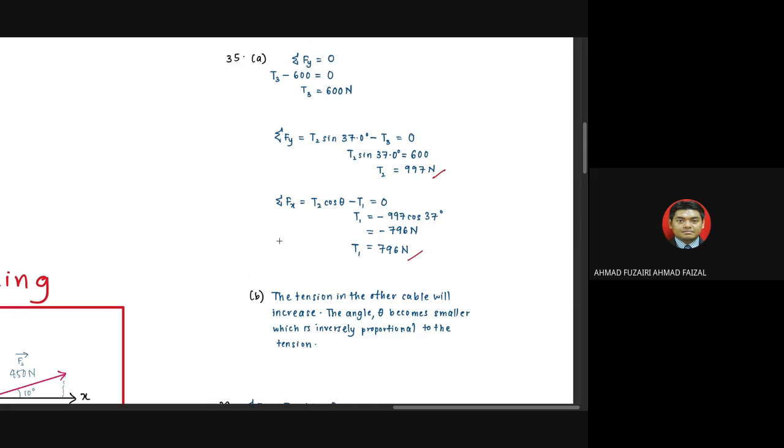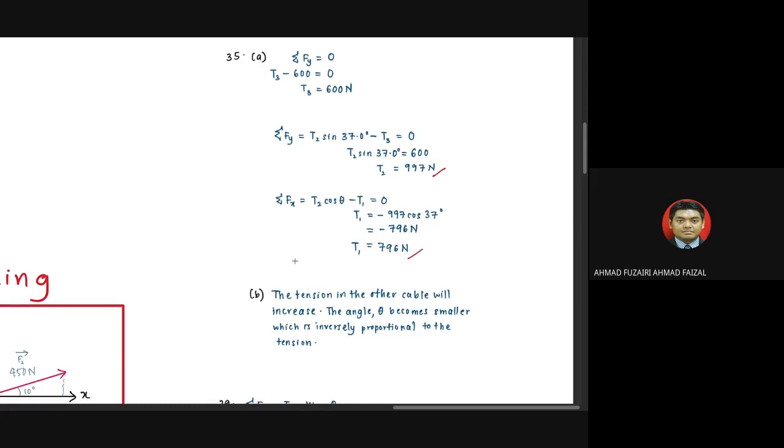Okay. And then for the tension on the other cable in question B, you must prove it, if possible with a few calculations. But always answer first: would the tension in the other cable increase, decrease or stay the same?